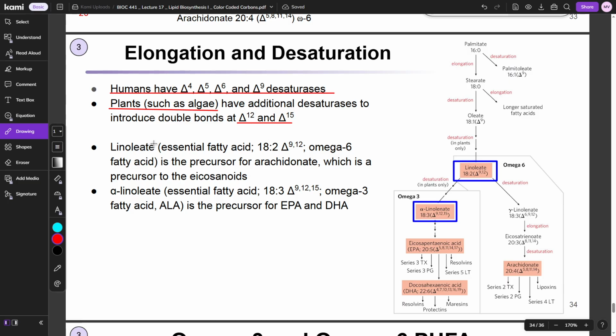The other cool thing about these pathways is the arachidonic acid pathway. Linoleate, which is 18:2 with double bonds at 9 and 12, omega-6, is the precursor for arachidonate, which is the precursor for eicosanoids. These are really important because they do a lot of cell signaling.